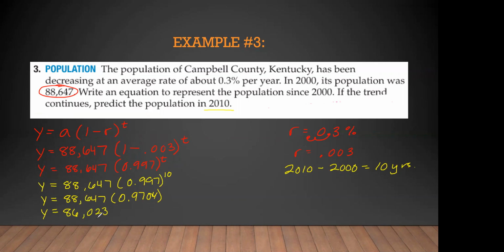And there's a decimal, but obviously you can't have part of a person, so it ends up being about 86,023 people after 10 years. So we look at our original amount was 88,647. So our new population is less, which is what we wanted, because remember, this was exponential decay.